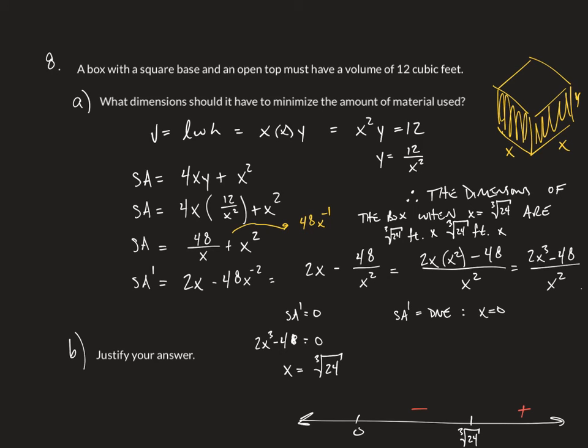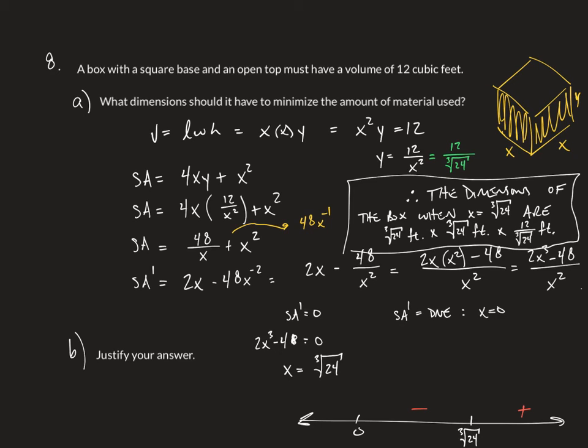So let's go back to this function here. If x is the cubed root of 24, then what is y? Well, it's 12 over the cubed root of 24. So I'm just going to say 12 over the cubed root of 24 feet. So that's the answer. That right there is the dimensions of this box that would give us the least amount of material.